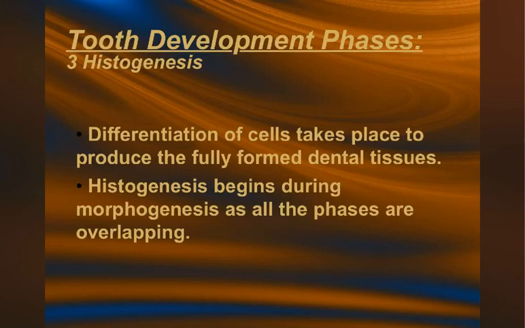Then the morphogenesis of the root is followed by histogenesis. Each area that finished morphogenesis starts histogenesis straight away. It doesn't wait until all the other parts finish their morphogenesis.